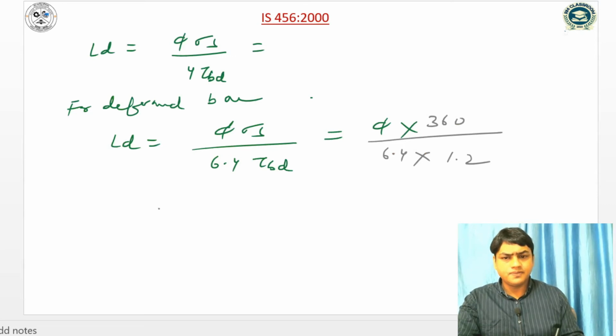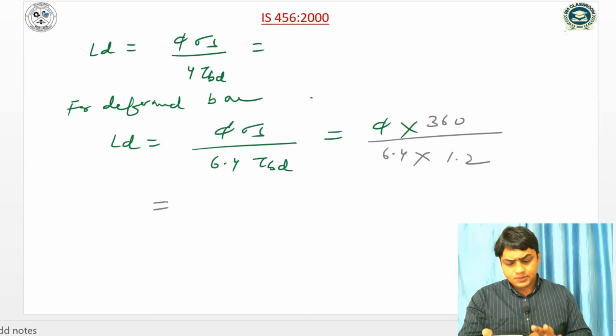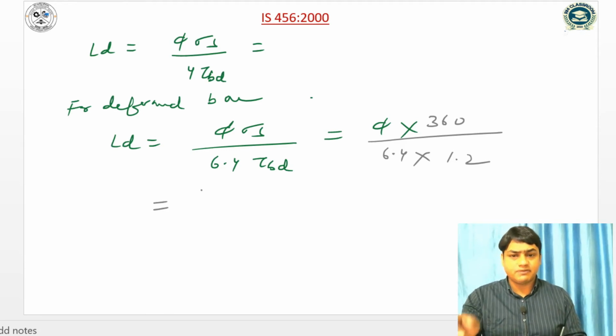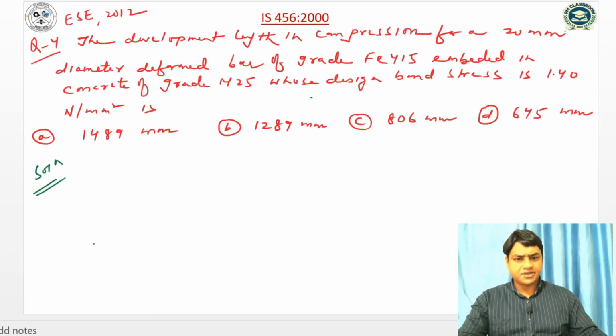So LD is equal to 360 divided by 6.4 into 1.2. So it is 46.875.